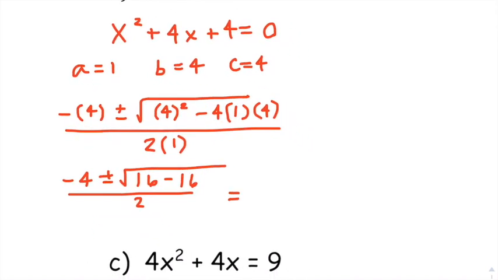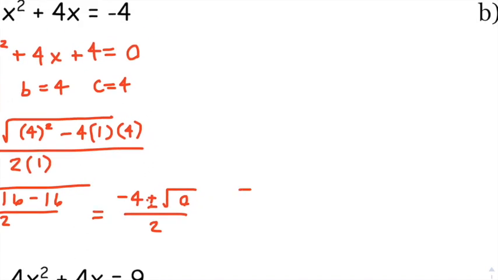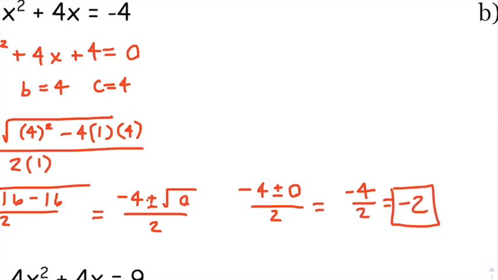So this one's kind of significant because inside the radical you're just going to get the square root of 0, which is 0, so -4 plus or minus 0 divided by 2. And if you add or subtract 0, that doesn't change anything. So that'd be just -4 over 2, which comes out to -2 as an answer.